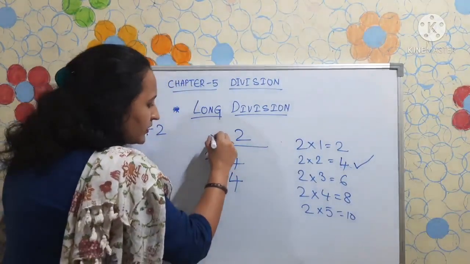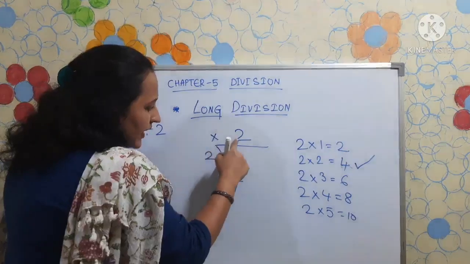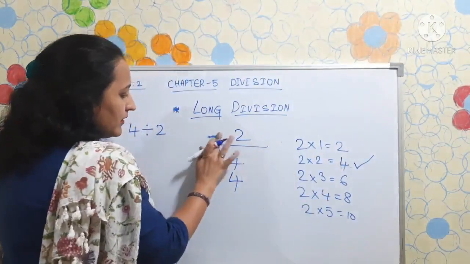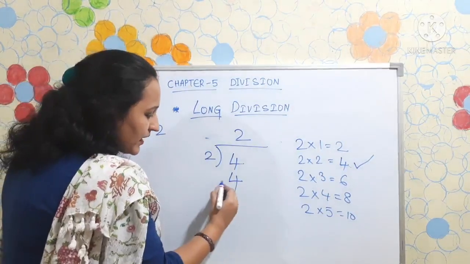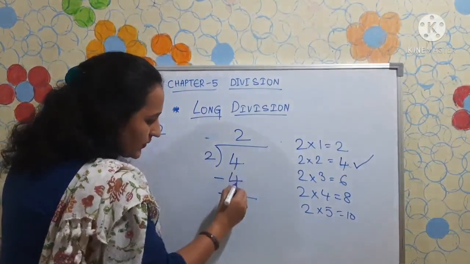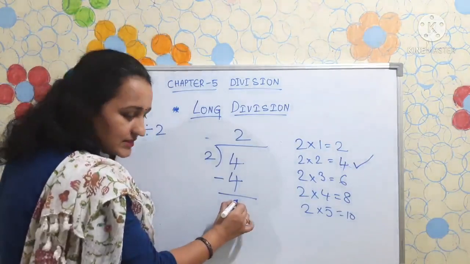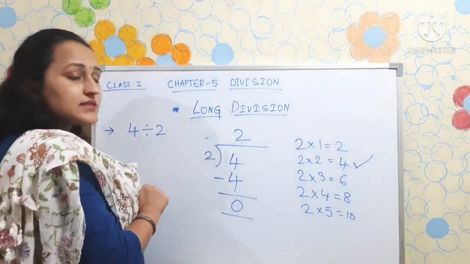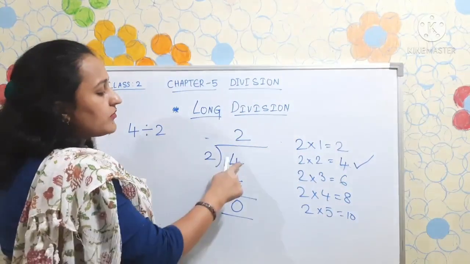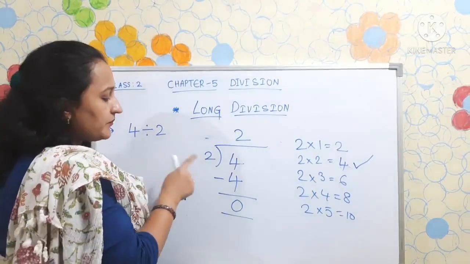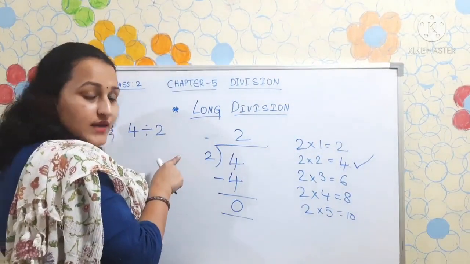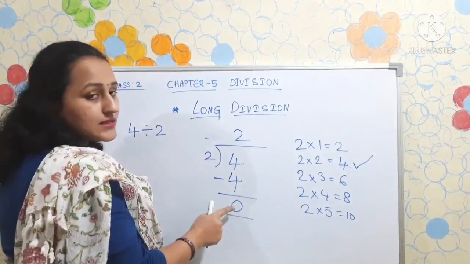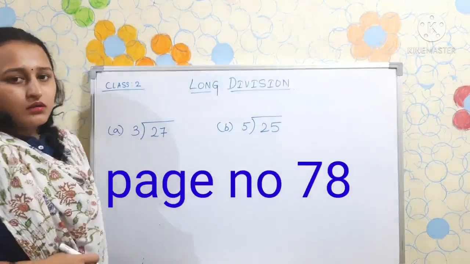Now we subtract 4 from 4. What is the answer? 4 minus 4 is 0. Now tell me, what is the dividend here? 4 is the dividend, 2 is the divisor, this 2 is the quotient, and 0 is the remainder.